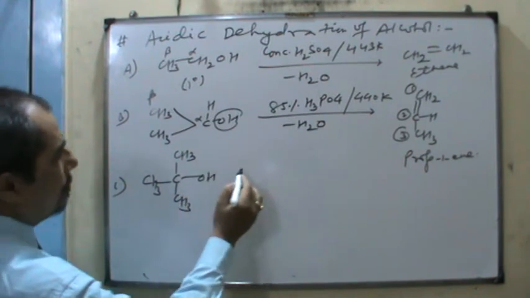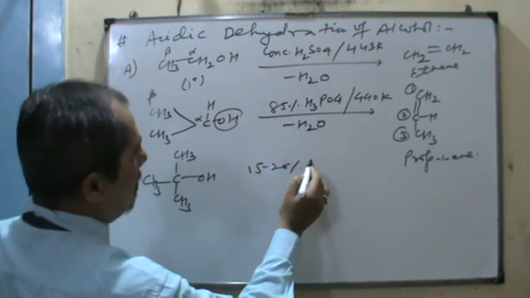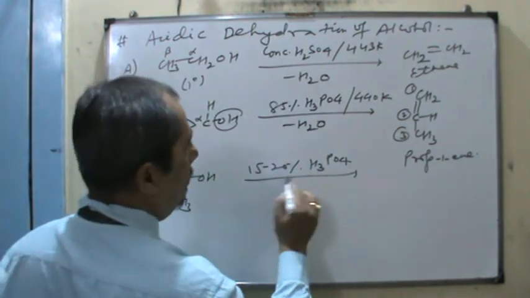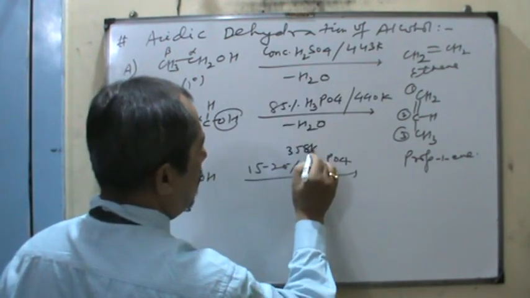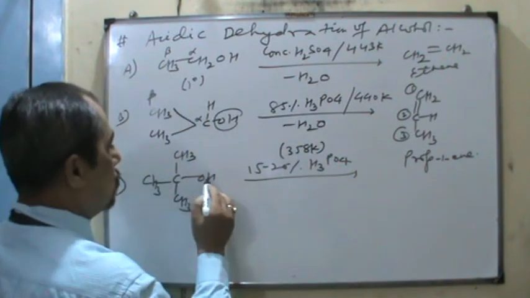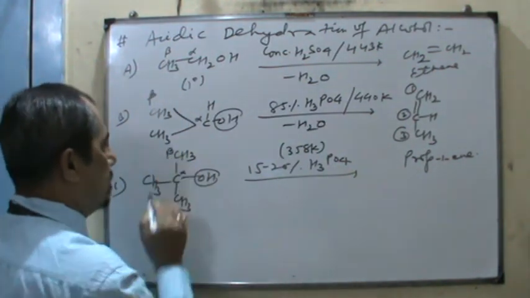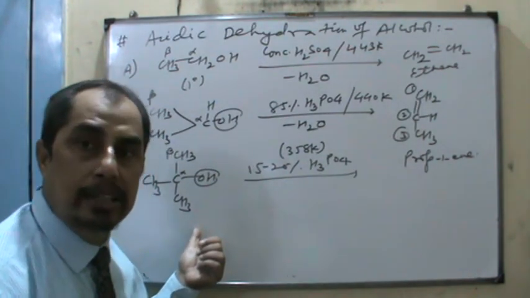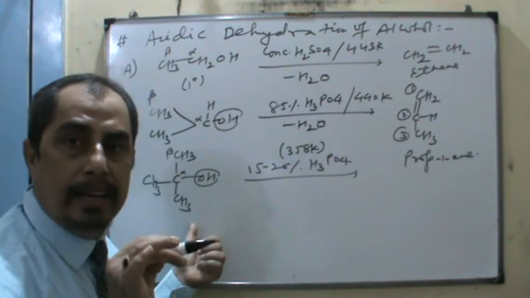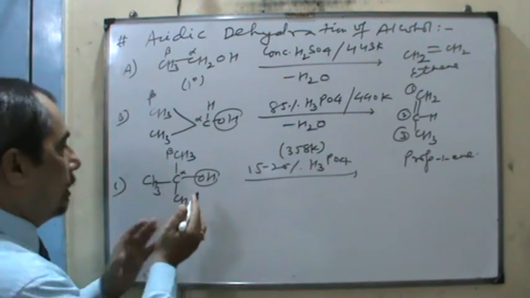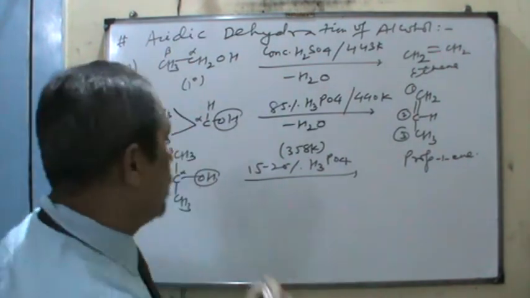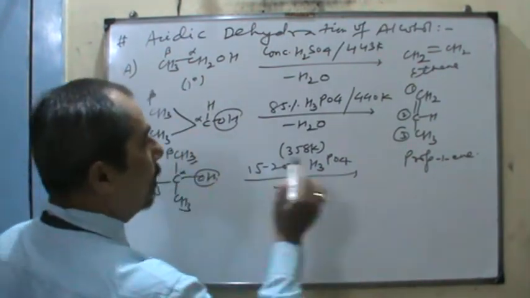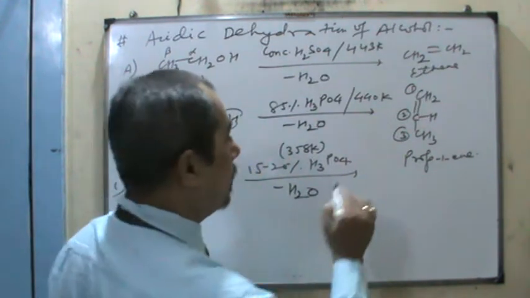Now in case of 3-degree alcohol, CH3 and OH, 15 to 20% phosphoric acid, and temperature is, I think, most probably 358 Kelvin. So this is the alpha and this is the beta. The 3 betas are at an equidistant point. So you can take H from any beta, water is lost. So dear student, here OH plus H. What is lost here? Water is lost. If I take H from this point, the IUPAC name will remain the same.